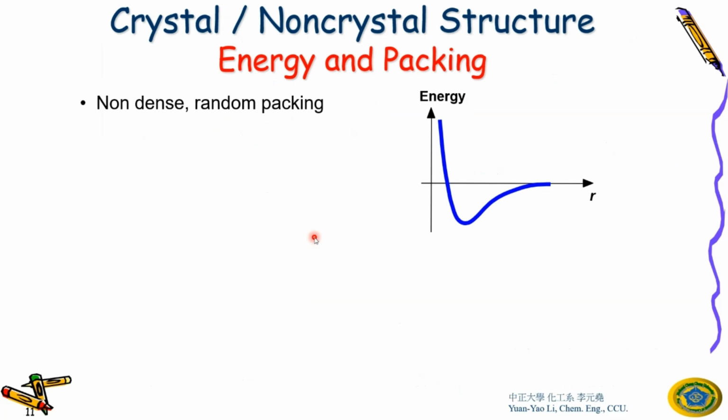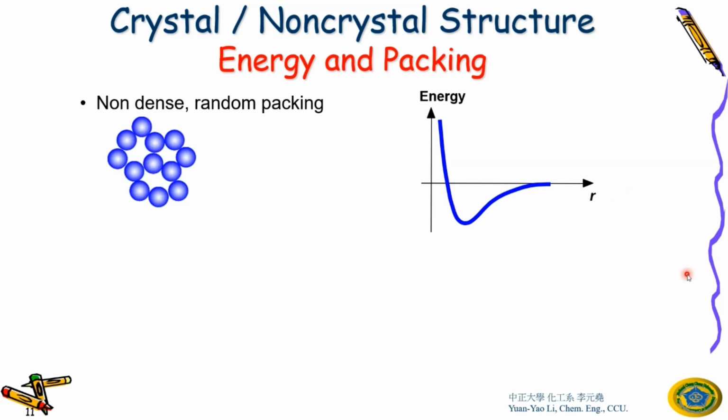How about energy? The energy of the crystal and the non-crystal structure. For a non-dense random packing, this is the energy between two atoms, right? And I'm sure you are very aware of this curve. This is energy, this is the distance between two atoms.